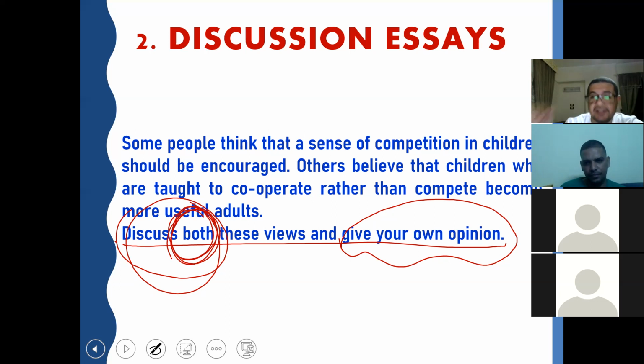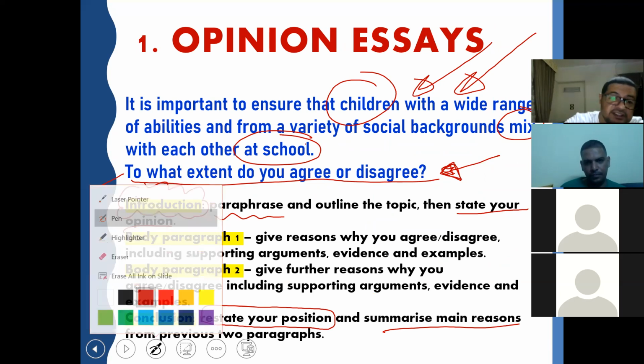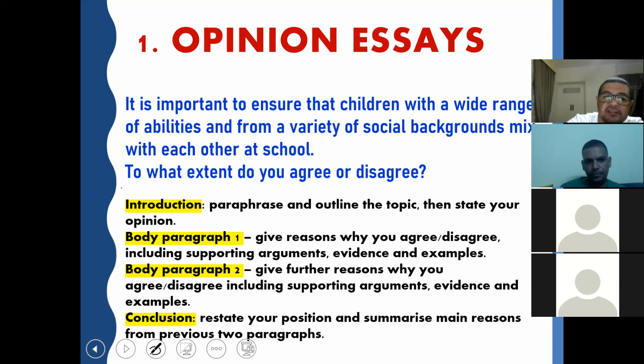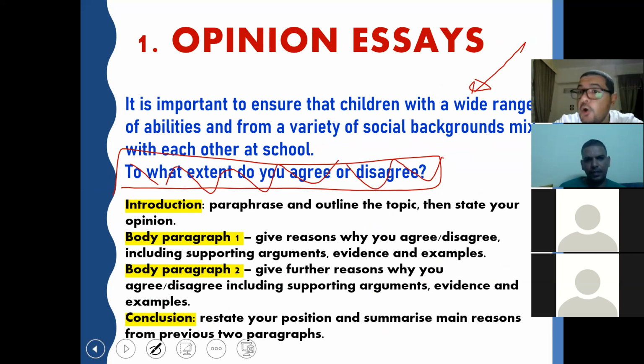Let's imagine, and this is hard to imagine, that in this question he didn't ask me whether I agree or disagree. Let's imagine that I have the same topic, and instead he said, discuss both views. What are you going to do with this question?